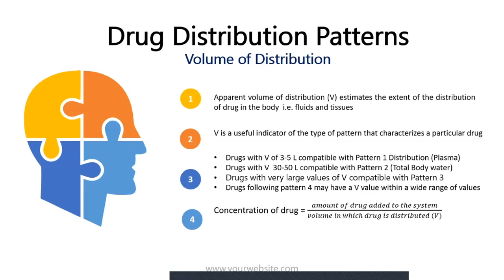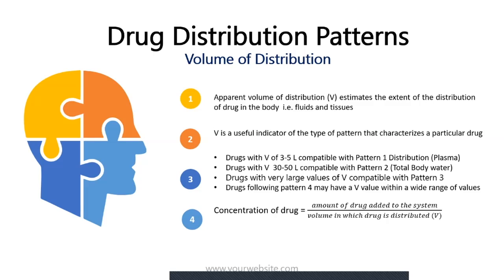Because we picture a compartment of fluid, which is the plasma, and that is where the drug is distributed and dissolved and produce a particular concentration. Another way to think about the volume of distribution is that it is equal to the amount of space that a drug must fill up, such that a given dose of a drug will achieve a specific plasma concentration, just as what I was saying.